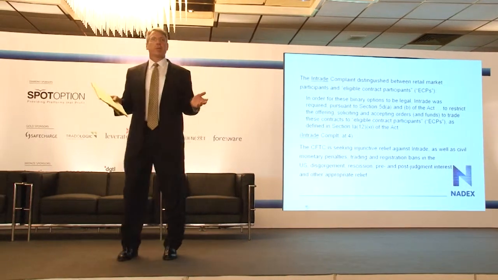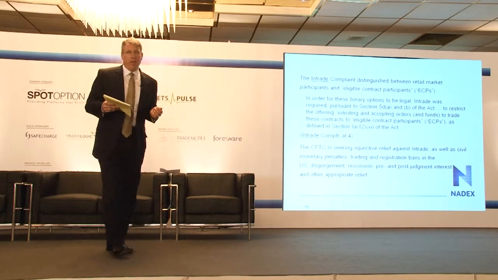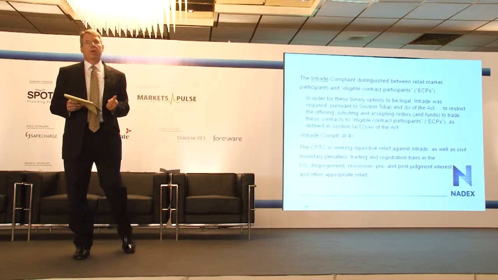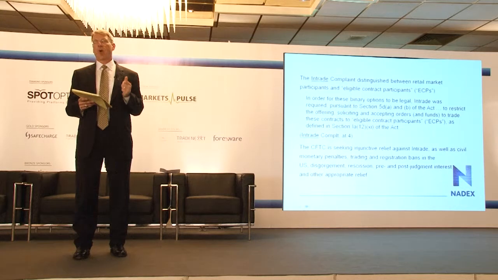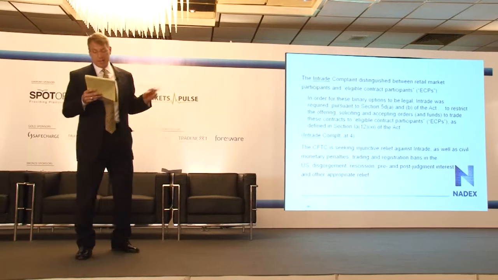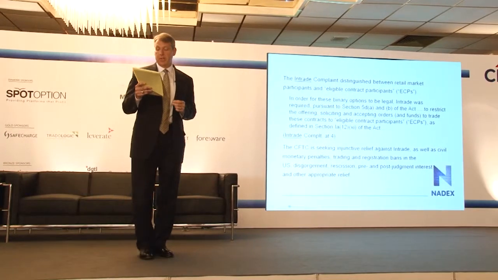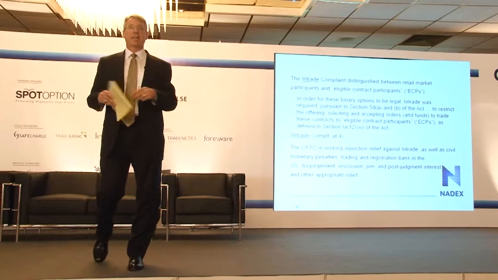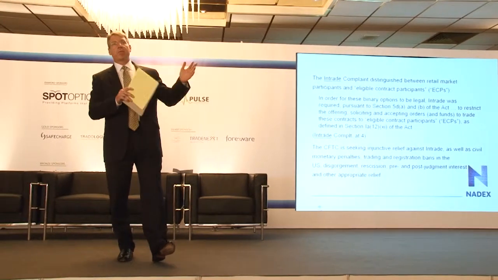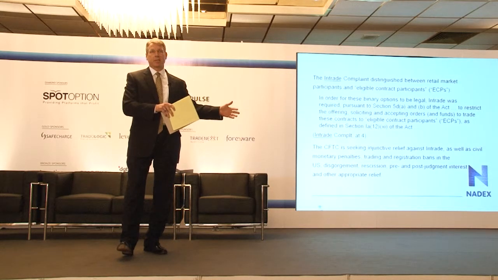Now, the definition of an ECP is really long, and I won't go through the whole thing, but for our purposes, the really relevant part is that if you're talking about an individual that you can trade binary options with off an exchange, to qualify as an ECP, that individual has to have amounts invested on a discretionary basis that exceeds $10 million. That's not assets, that's not net assets, that's the amount that they have available to invest on a discretionary basis.